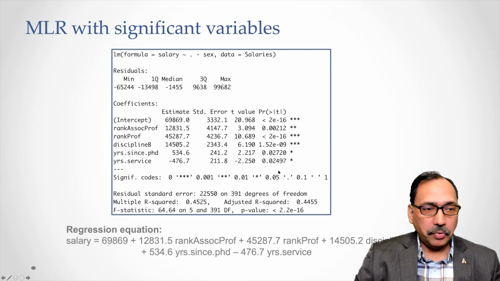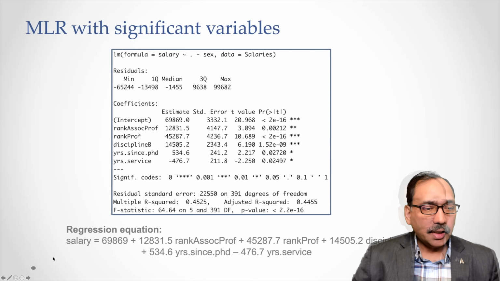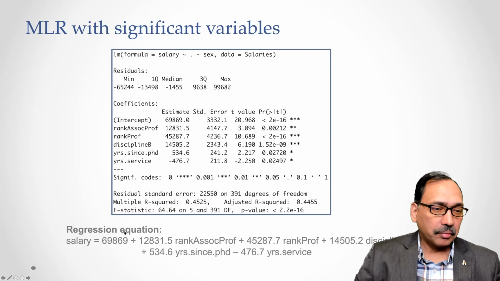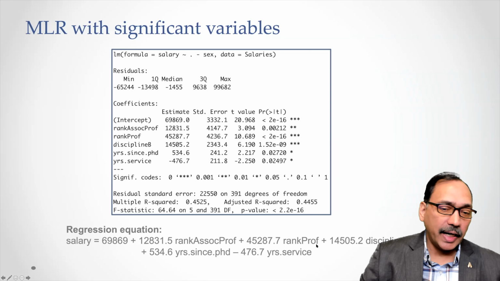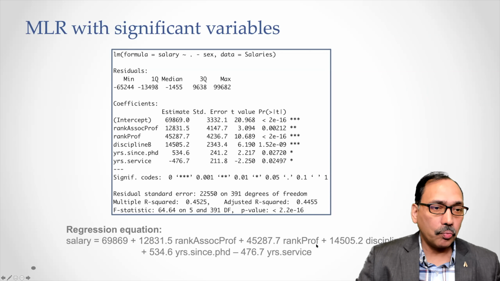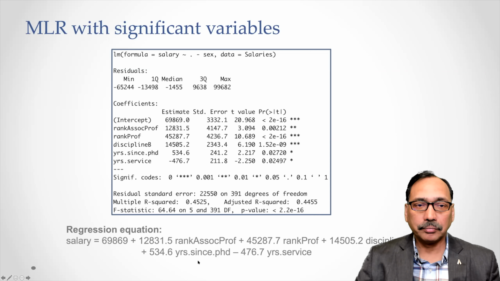Once we have this model, and suppose this is our final model, we can write the regression equation as salary equals intercept plus B1 times rank associate professor, plus the coefficient times rank professor, plus discipline B times the coefficient and so on. So that becomes our equation.